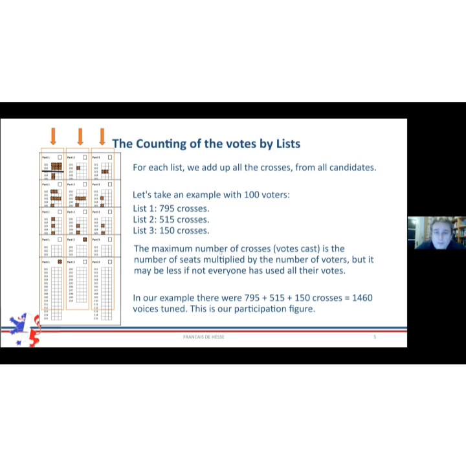So the overall maximal number of crosses that can happen in this election is the number of seats of the council multiplied by the number of voters. So here, since we have 100 voters and 15 seats, that would be 1,500. But usually there are less than that because some people may not have given all of their crosses. So the final number of crosses is what they call the participation figure.